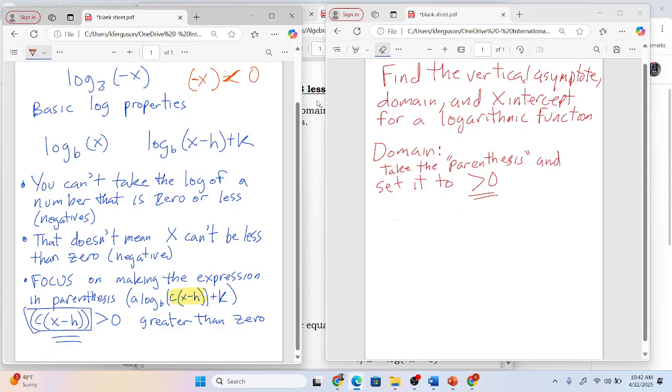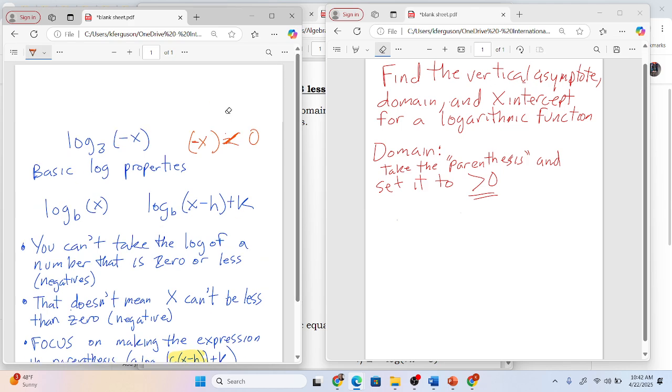Now, if you need me to explain why you can't have 0 in there, let's just think about what logs mean. Let's say b, so we're talking general. Log base b of x equals y. That's logarithmic form.